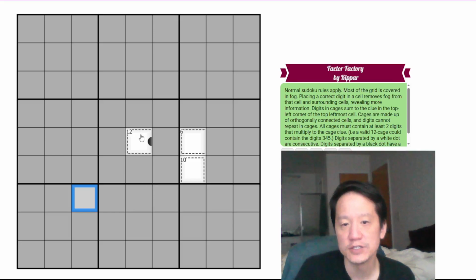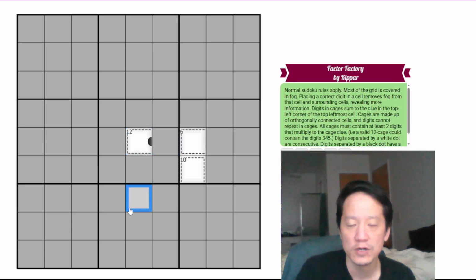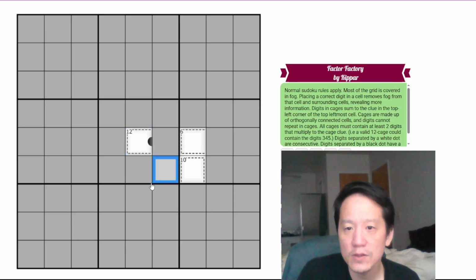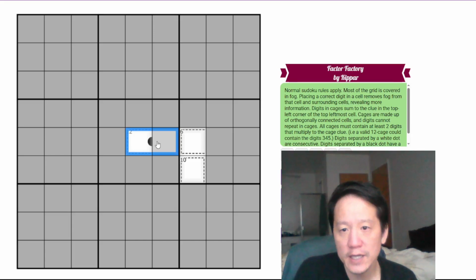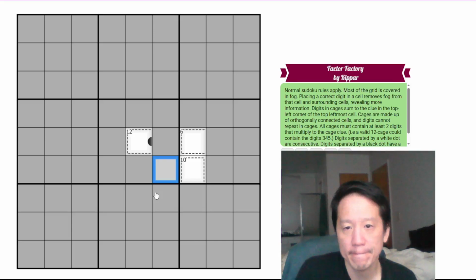Digits in cages sum to the clue in the top left corner of the top leftmost cell. Cages are made up of orthogonally connected cells, and digits cannot repeat in cages.